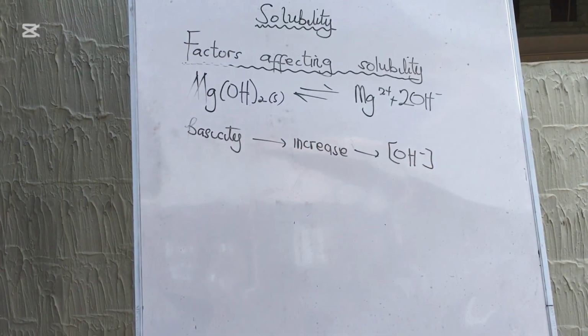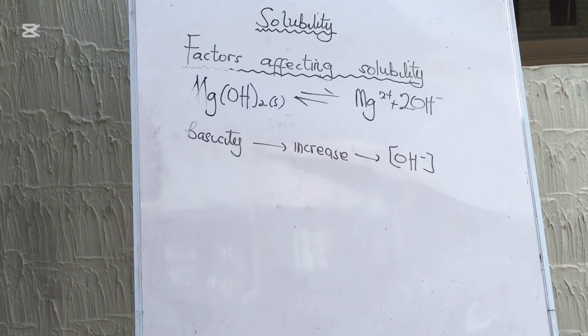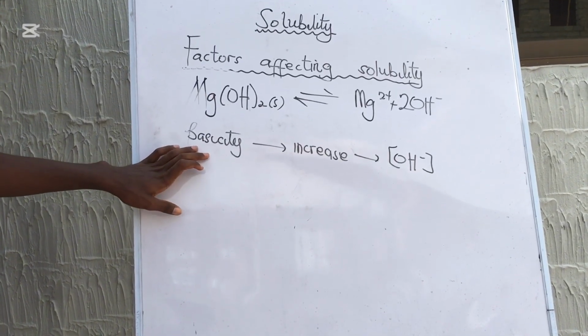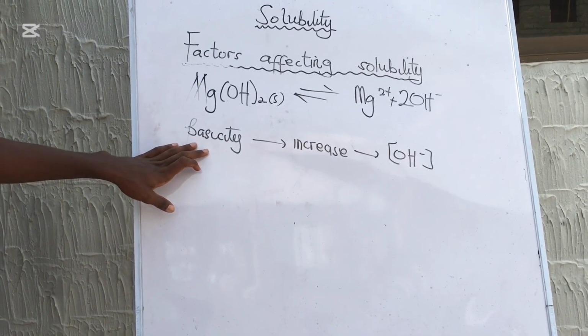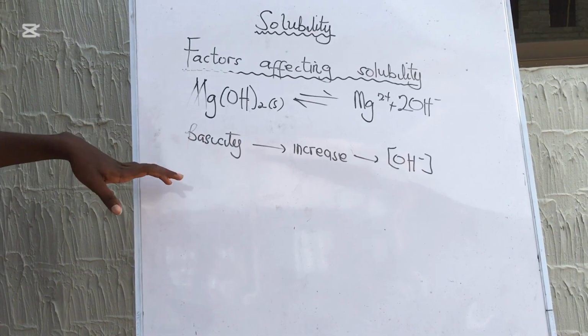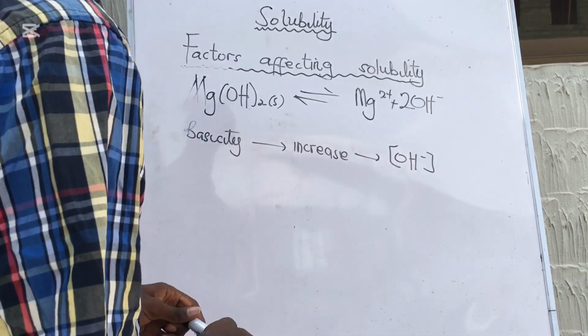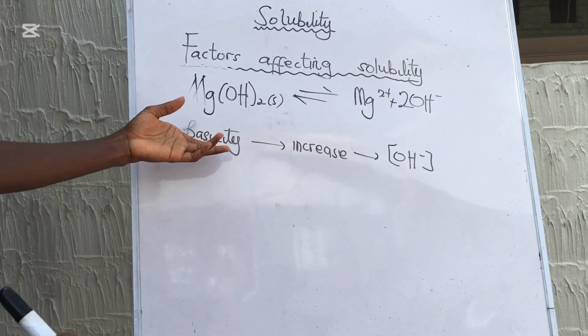You see how it is? So if you are increasing the pH, it means you are increasing the OH minus content. And also, if you are increasing the OH minus content, then it means that you are approaching the basic region.